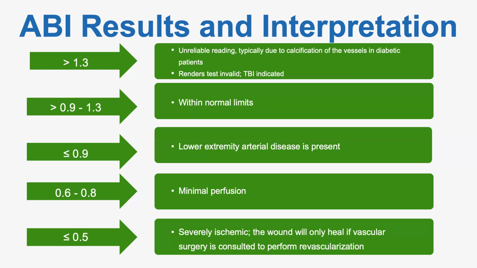Essentially, when they ambulate after a certain point, they start to develop pain in their calf muscles or thigh muscles. The blockage is not allowing those muscle cells to receive oxygen and nutrients. Patients with values between 0.6 and 0.4 or lower usually will show rest pain, so essentially have pain in those leg muscles at all times.